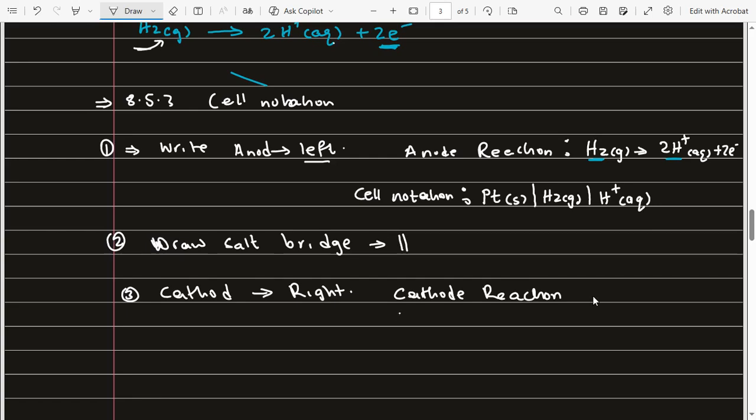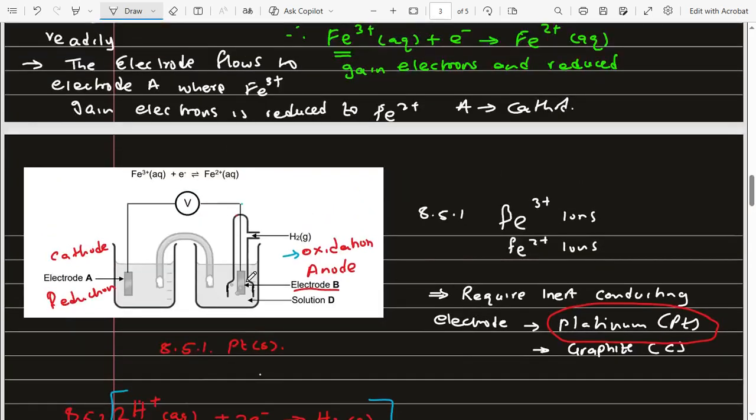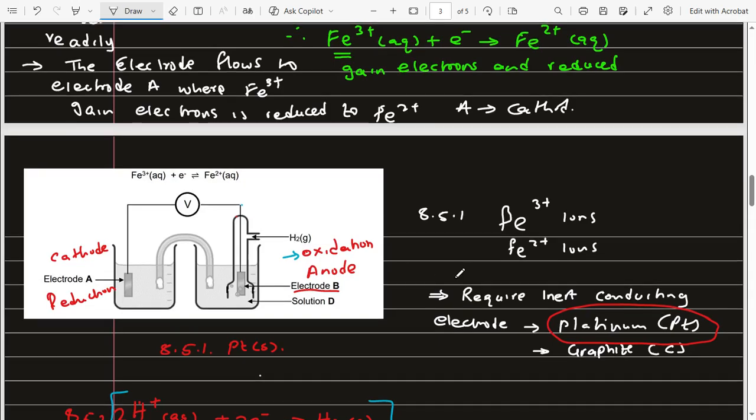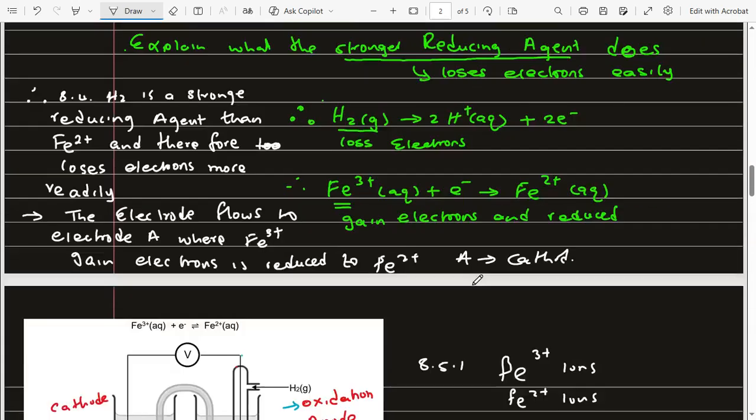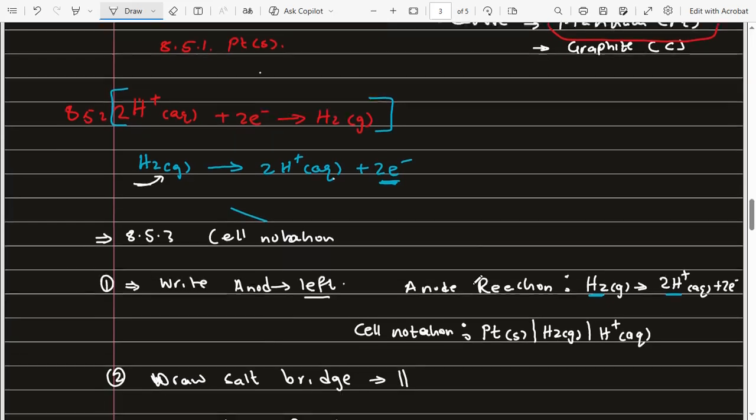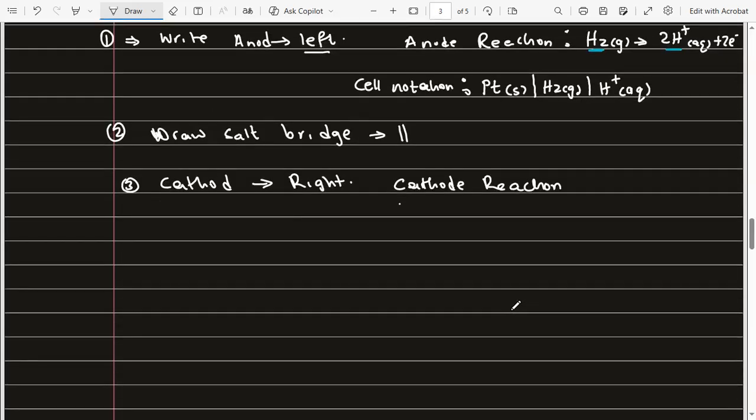We said the cathode reaction is gain of electrons. So the e will be on the reactant side. So it's going to be Fe3 plus in aqueous solution. Then this reacts with that e, on the reactants to show that we are gaining electrons, to form Fe2 plus, which is in aqueous solution.